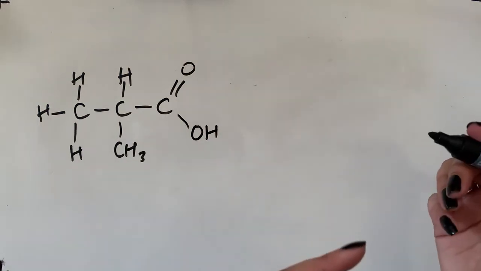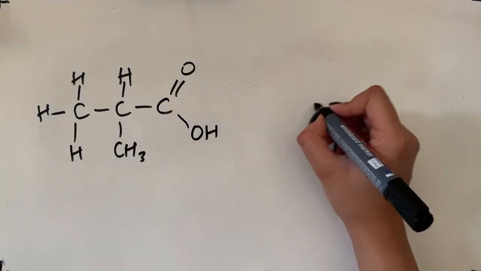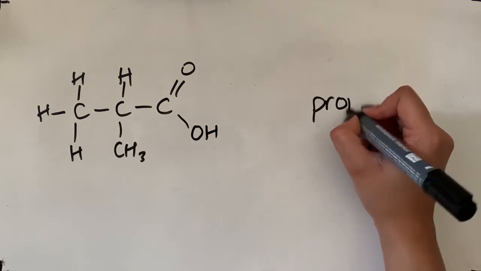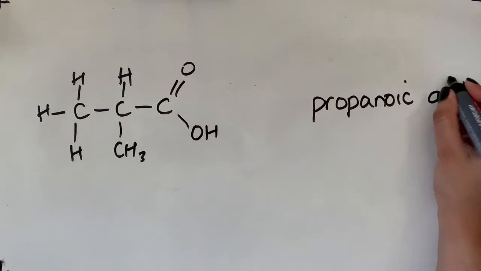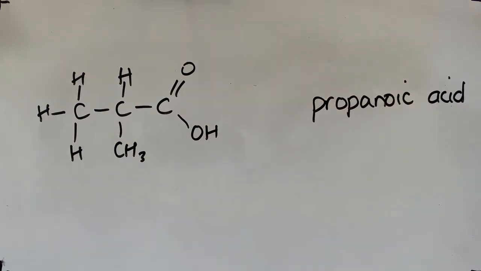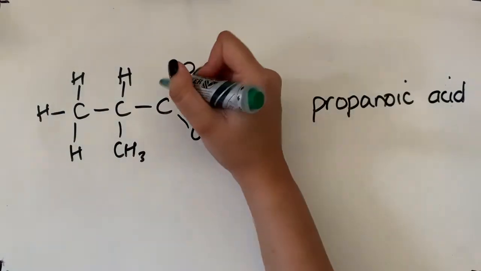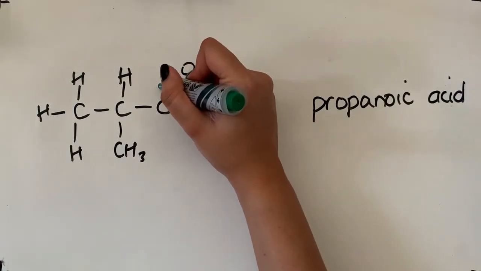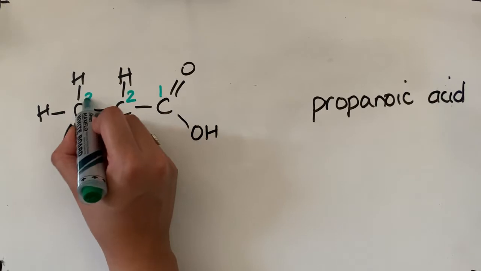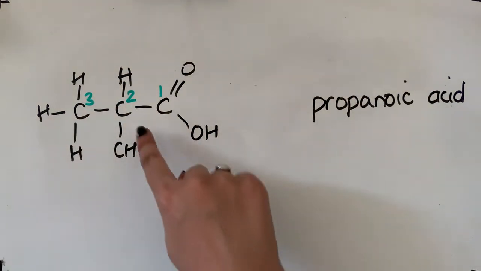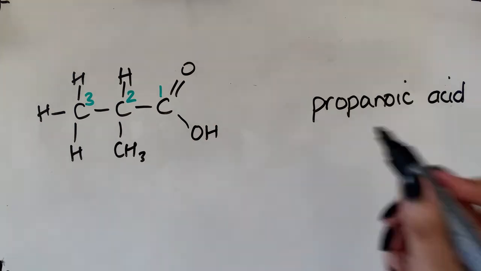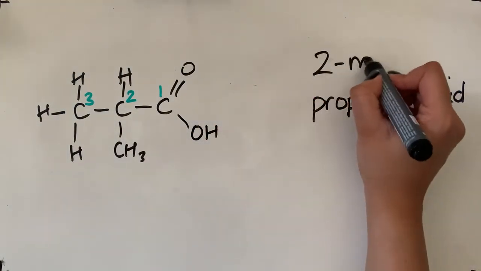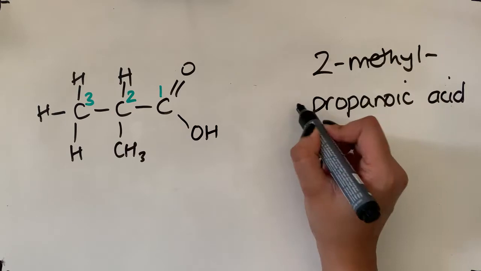Given the longest carbon chain is 3, it's going to end in propanoic acid. Again, when numbering it, make sure you start from carbon number 1. Carbon number 1 is the one where the carboxyl is, 2, 3. So based on that, the methyl group, the branch, is coming off of carbon number 2. So this is called 2-methyl propanoic acid.